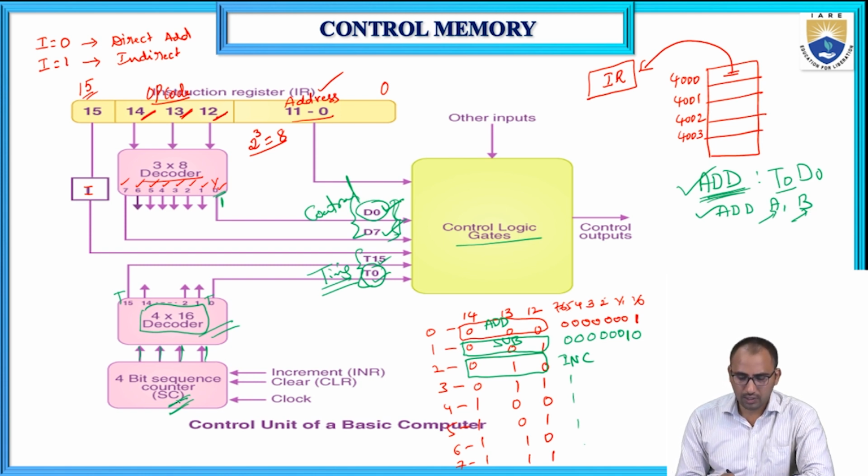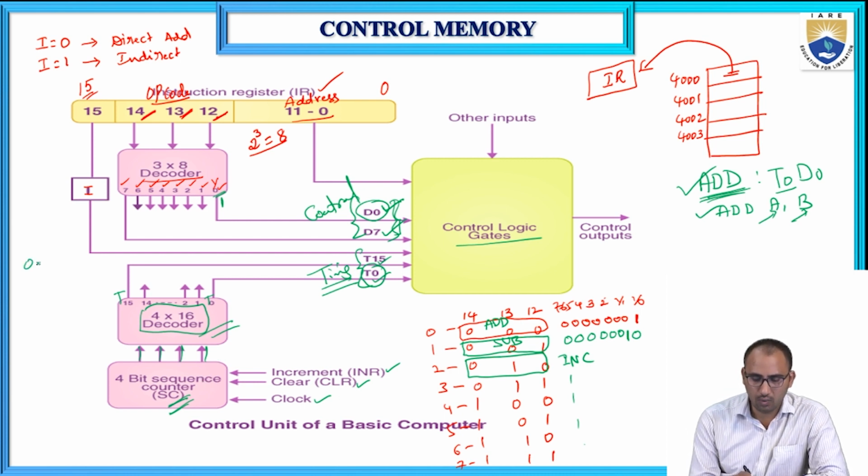Coming to the sequence counter, it has some inputs: clock, clear, increment. Increment means it will increment the count by 1, because it is a 4-bit sequence counter. Initially the count will be 0, 0, 0, 0. After that, if you apply a clock, it will be incremented by 1: 0, 0, 0, 1.